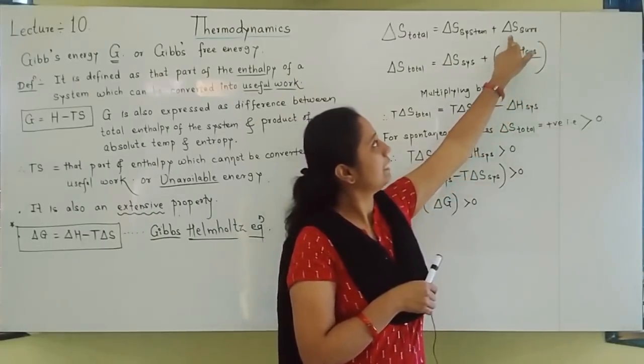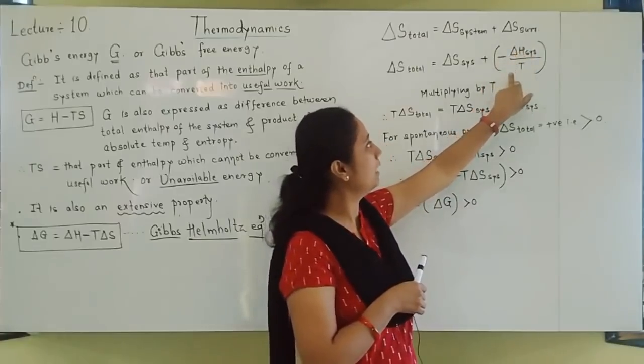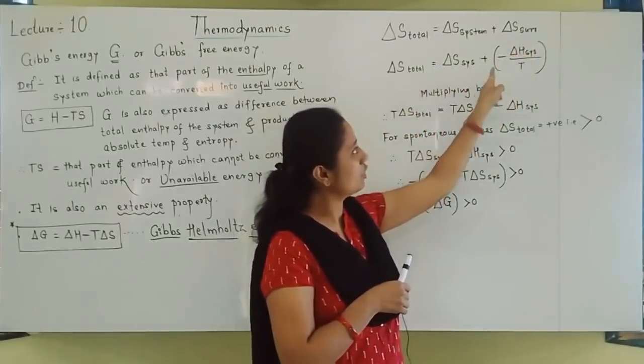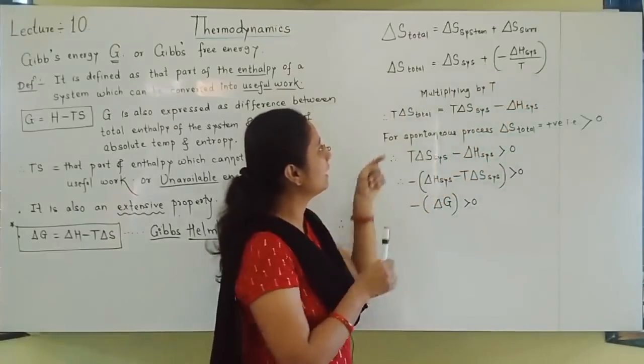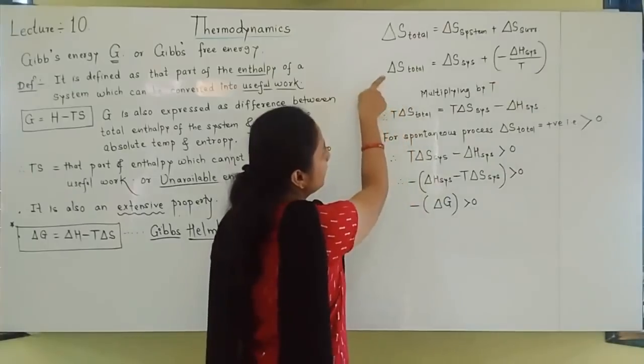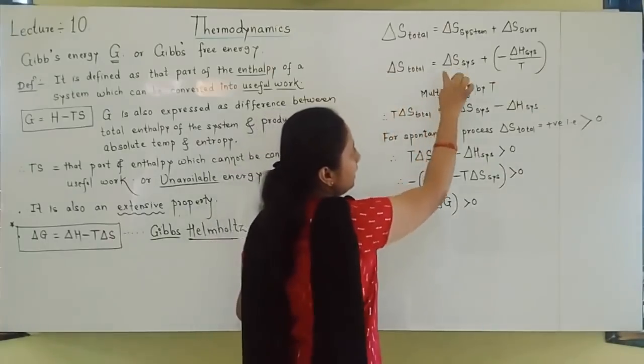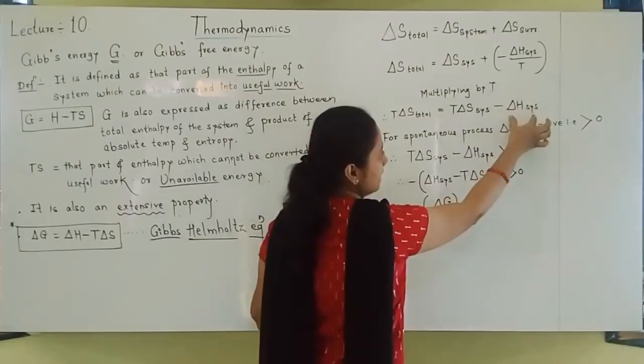Now this complete equation we will multiply by T because we don't want this T. So rearranging the terms, multiply by T, so T comes here, here also T, and this T gets cancelled and we get this.